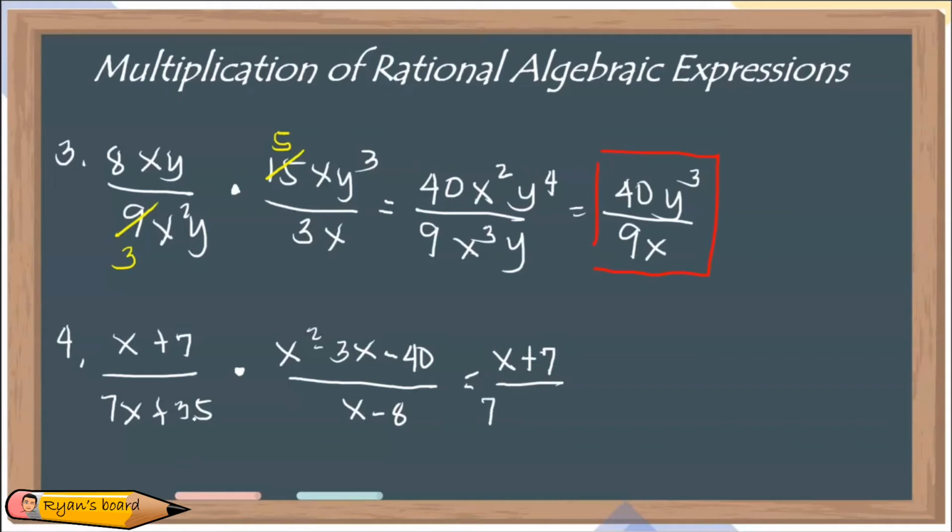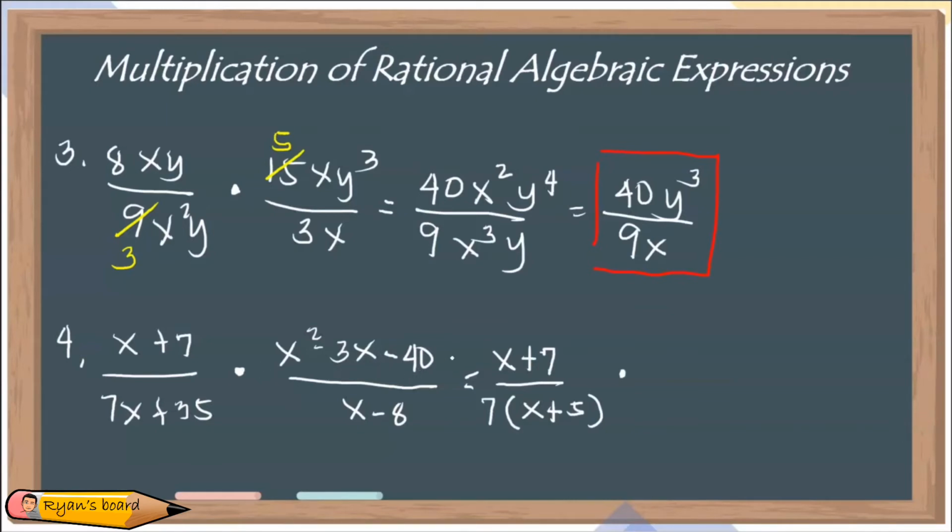Yung x ba common? Hindi. So, hindi mo ilalabas si x. Okay? So, what is 7x divided by 7? That's x. You copy plus. What is 35 divided by 7? That's 5.